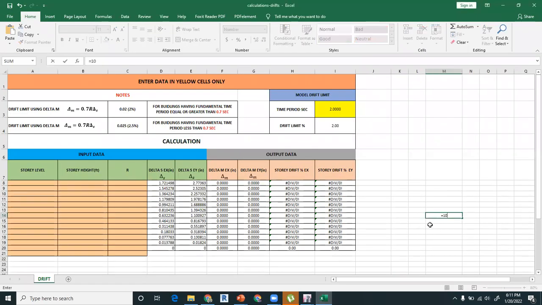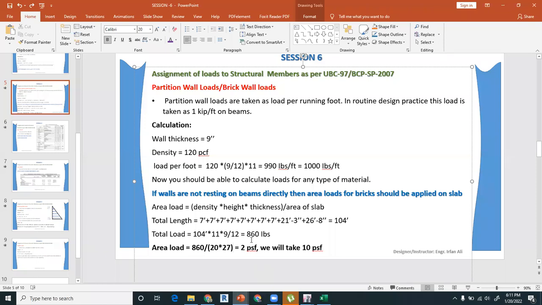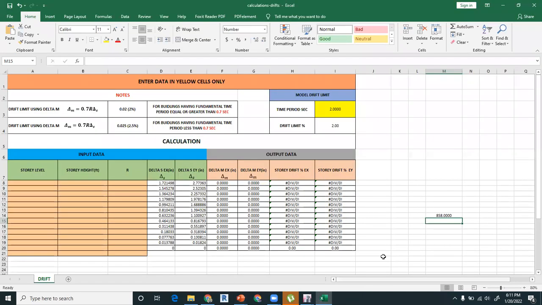So it is 104 into 11, and if you divide 9 by 12, it comes out to be 0.75. So it is 859 pounds. So we have taken it as 860 pounds. So this is how you calculate the, oh no, we haven't multiplied the weight. This is right. This is 120. Then we'll get the total load.